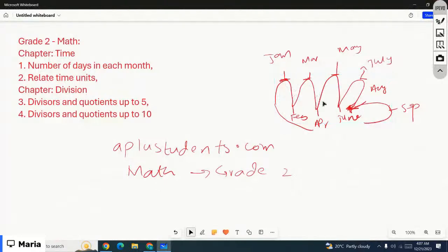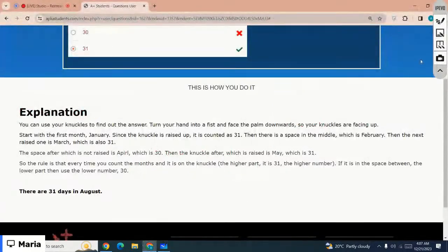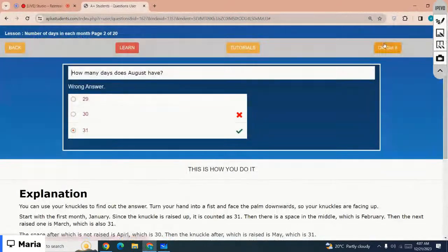January, February, March, April, May, June, July, August, September. Okay, August must be 31 days. There are 31 days in August.